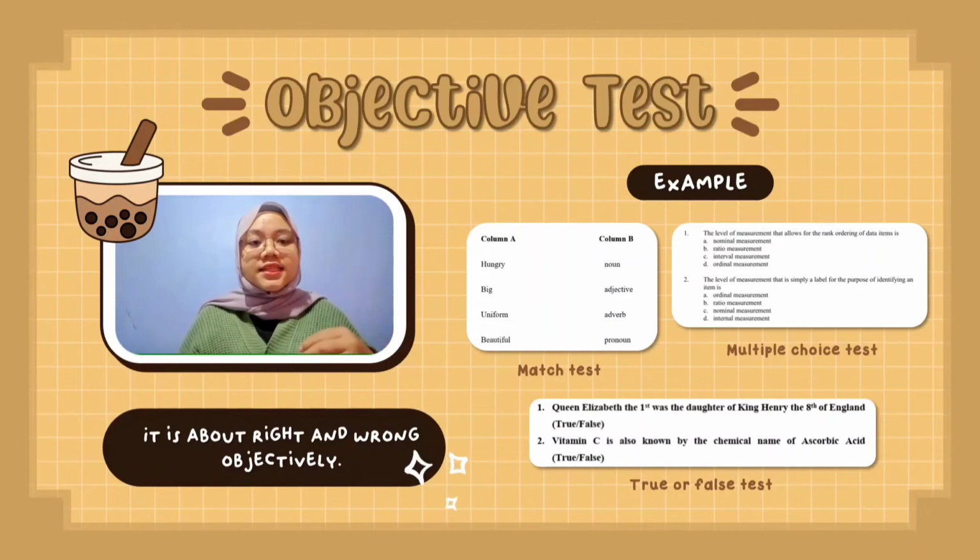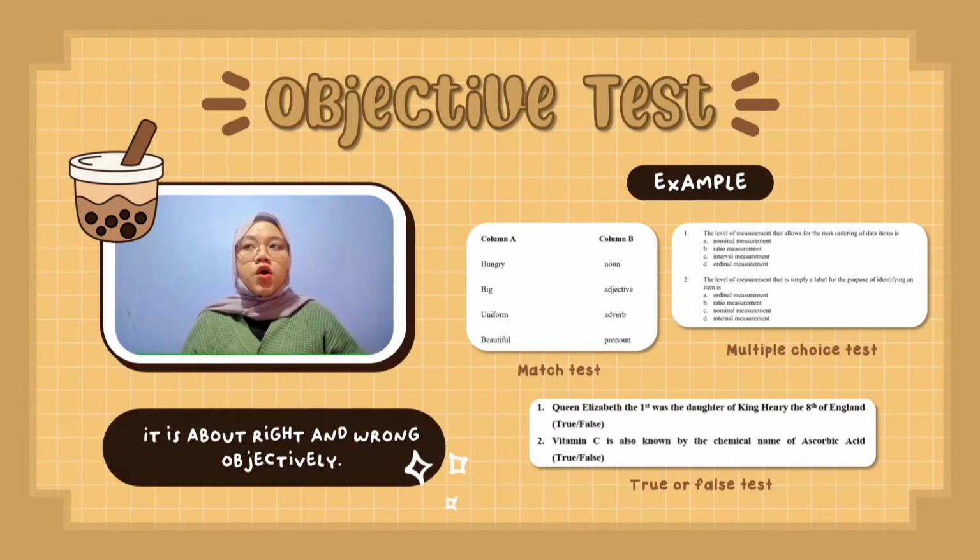There are some kinds of objective tests like missing words, incomplete sentences, true or false statements, multiple choice, matching statements, and so on. Most teachers often use true or false statements, multiple choice, or matching statements for their objective tasks. So in this video, I will show you these three kinds of questions from objective tests.